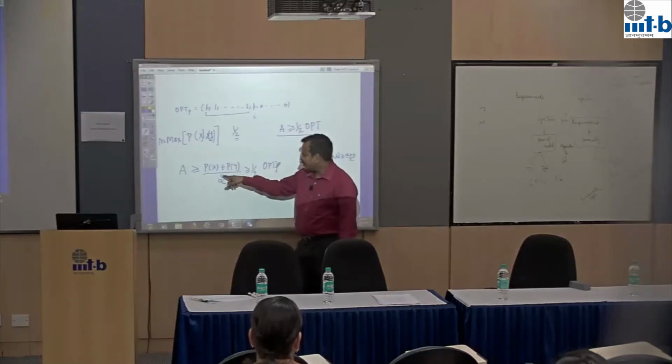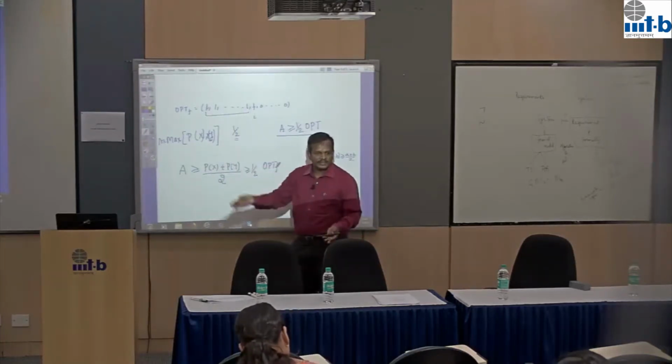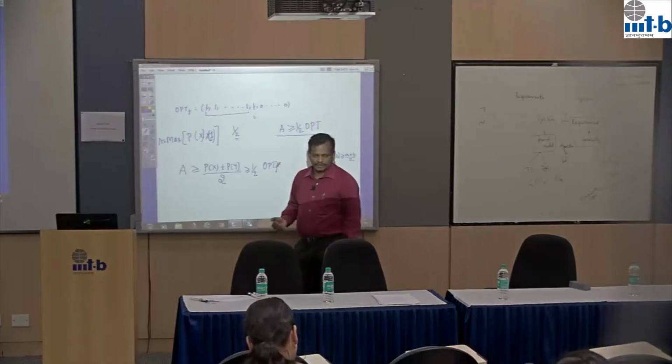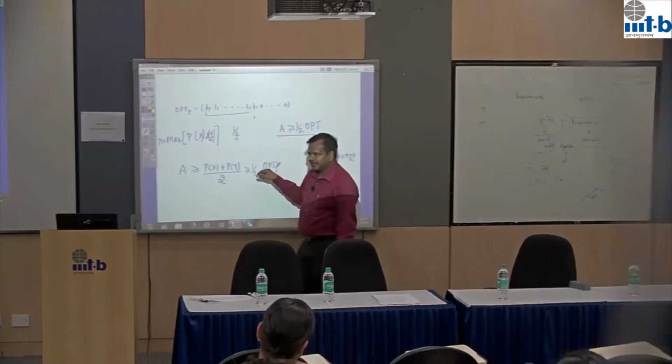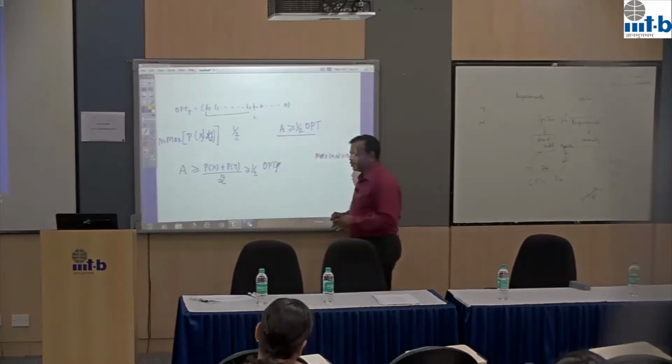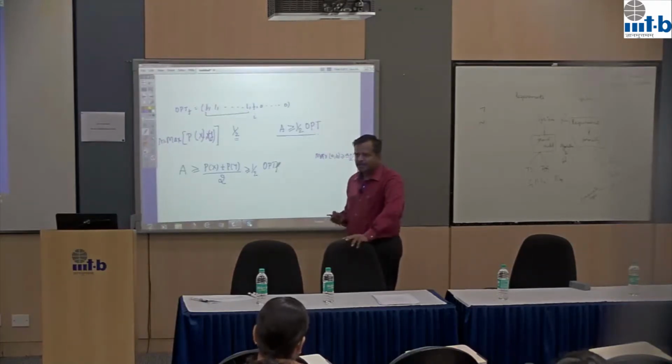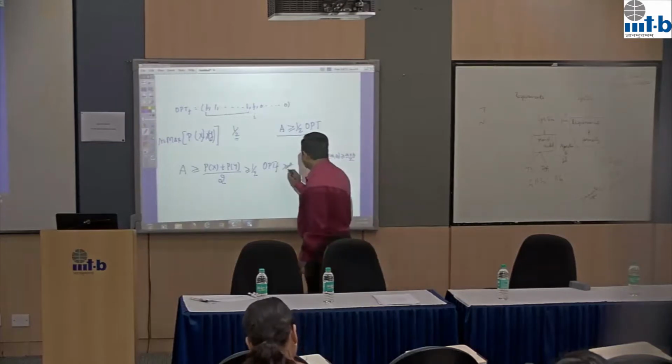But the total profit that you can make, the moment I write P of x, is the sum of the profits. That's the notation. So the total profit that you make by picking the items in x and y should be greater than or equal to the fractional knapsack. But you know that the fractional knapsack has a solution which is bigger than the optimum knapsack. So this is greater than or equal to half of optimum.